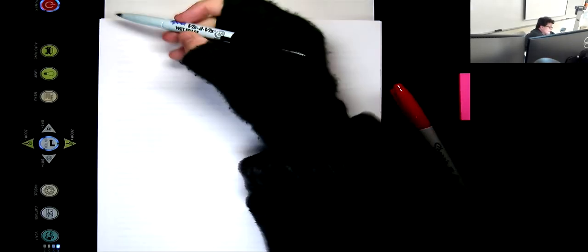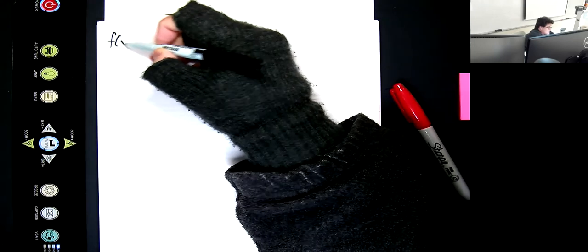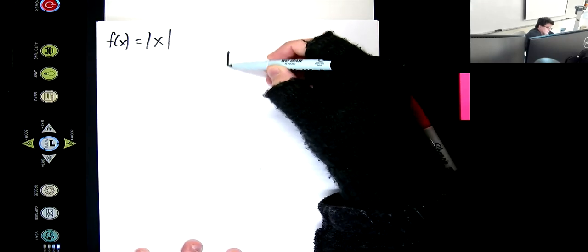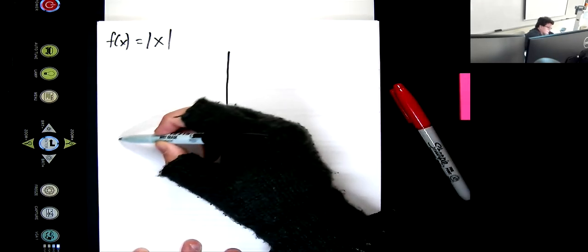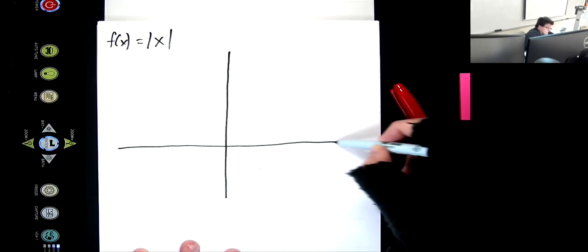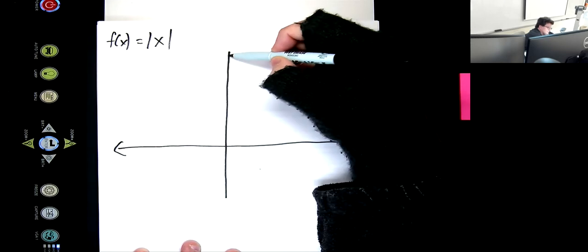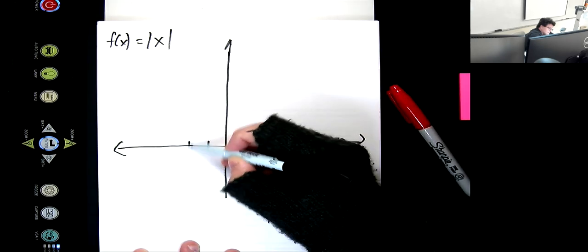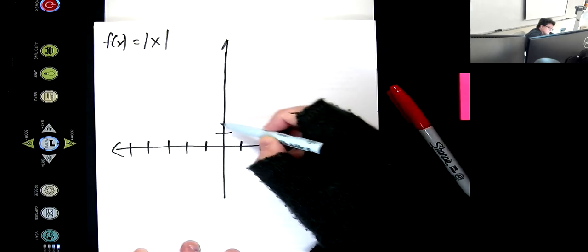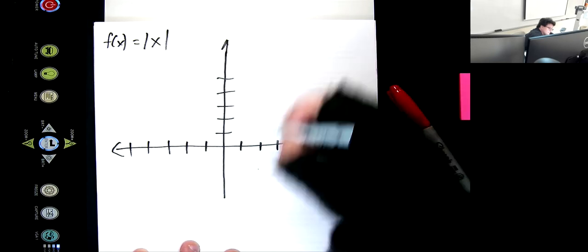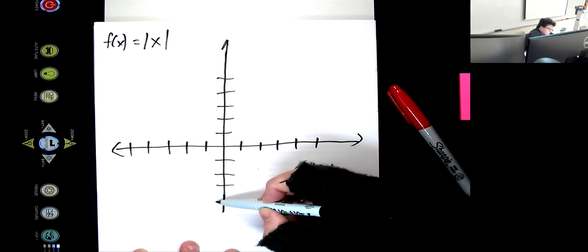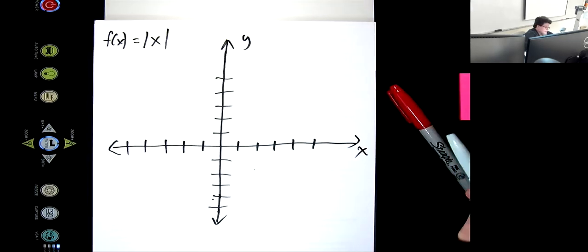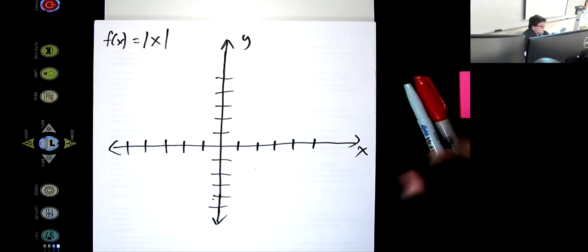So let's pick a different one, f of x equals absolute value x. That's always a good one. And we'll do our base graph in green.